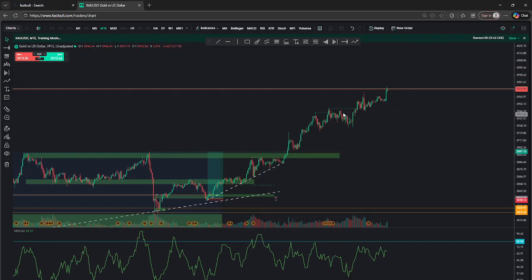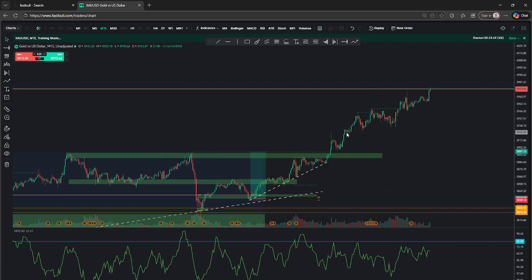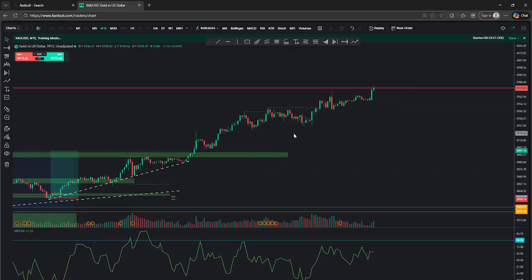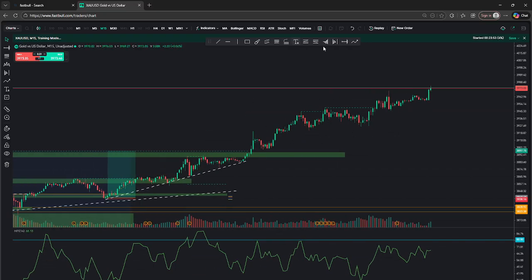I was not respecting the levels here, this curling structure. So I have this one structure in 15 minutes.